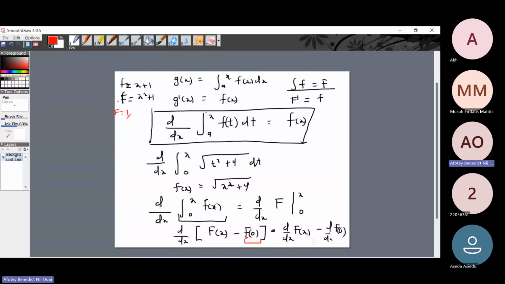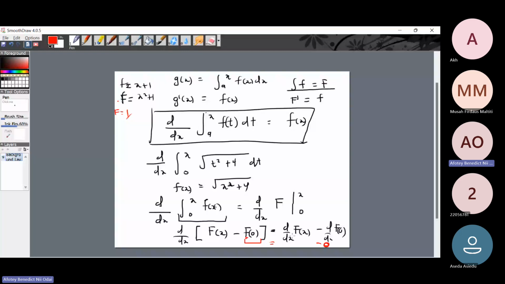If you change the function, you get a number, and if you differentiate that number, you always get 0, because the differential of a number is 0. So we'll always get a 0 here, and of course, we'll get the differential of F of x.